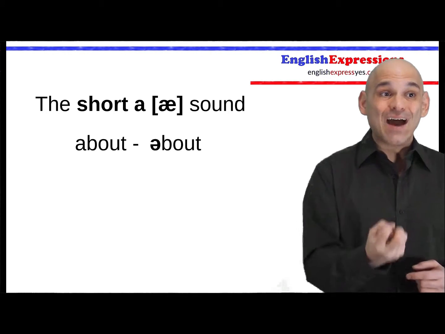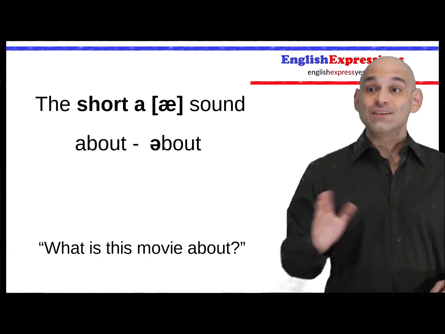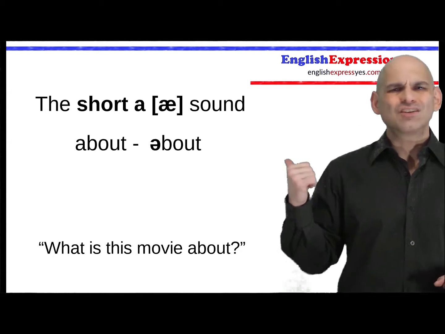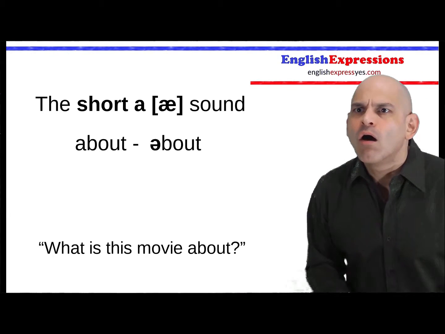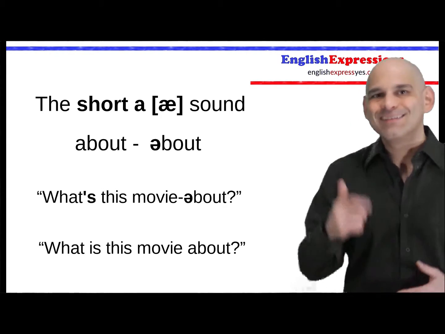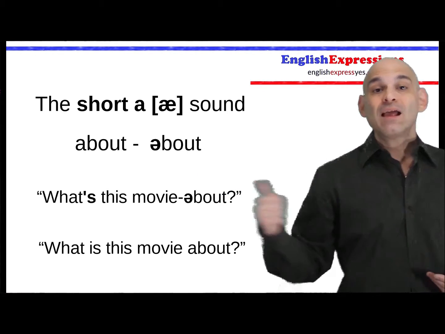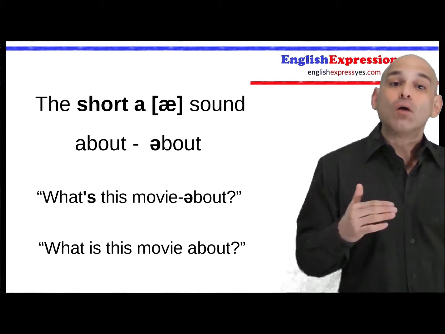Instead of the A sound, we use schwa. What is this movie about? No, native English speakers wouldn't say that. A native English speaker would say, what's this movie about? You see, what's. We use the contraction most of the time, and we don't say about, we say about. What's this movie about? About.